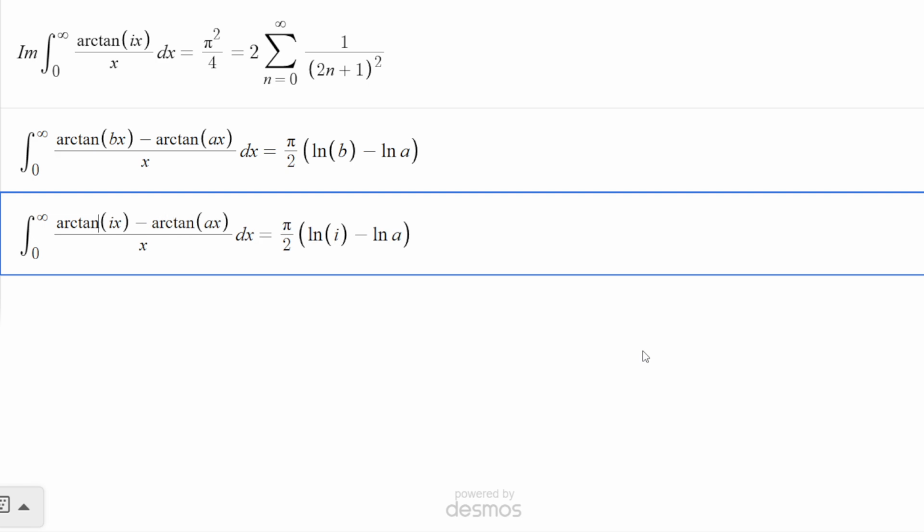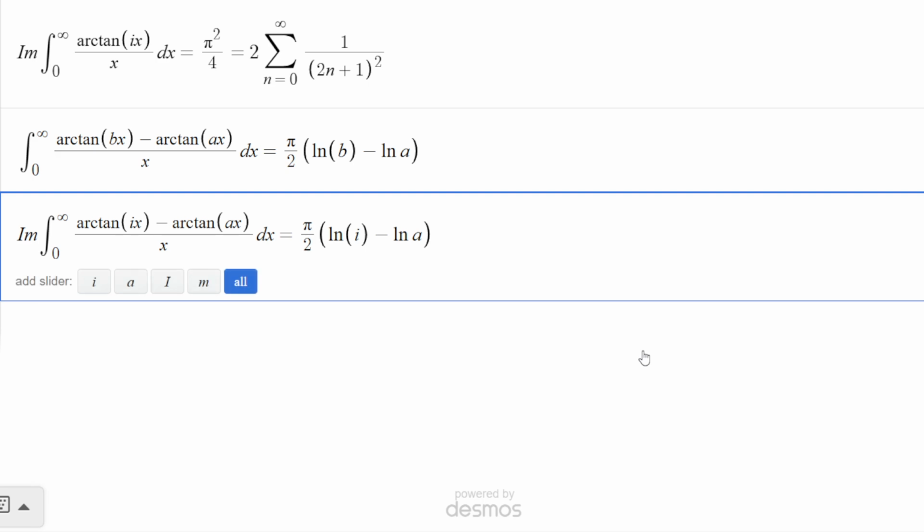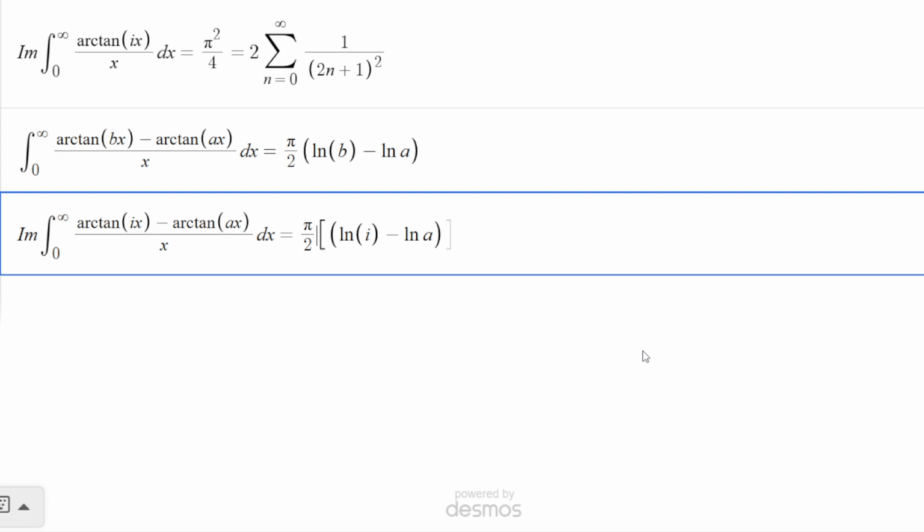Then we want to take the imaginary part on both sides. While taking the imaginary part on this side, we no longer need this part right here because it is going to be purely real if a is a real parameter. Likewise, we can get rid of that.